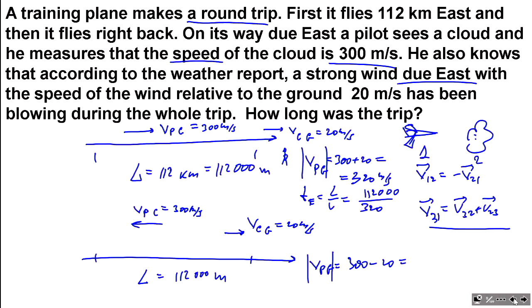So that's going to be 280. And of course, now we can calculate time west, which is the same distance over, how many zeros? Too many zeros. Over 280. And if we add these two numbers, we get the total time for the whole trip.